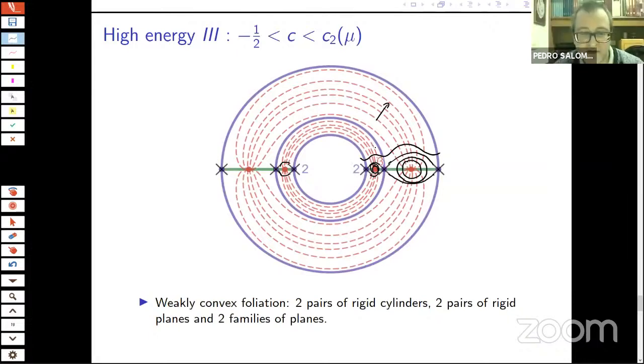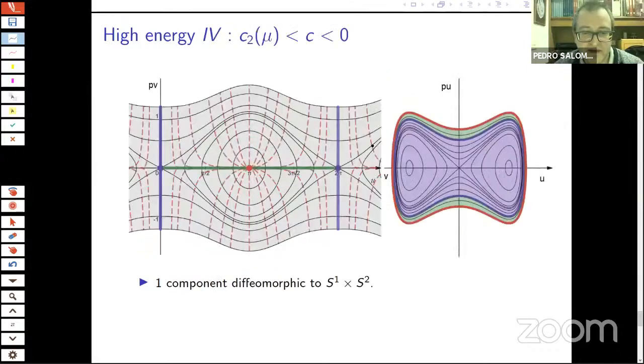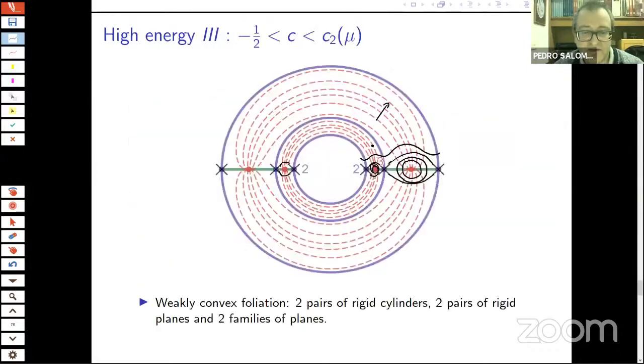So the last range of energy, so I'm not talking about the symbolic dynamics yet. Instead of having this bifurcation that occurs in the transverse direction, there is a bifurcation which occurs for the leaves. Now, in this case, this region becomes smaller and smaller, and one collapses to the other.